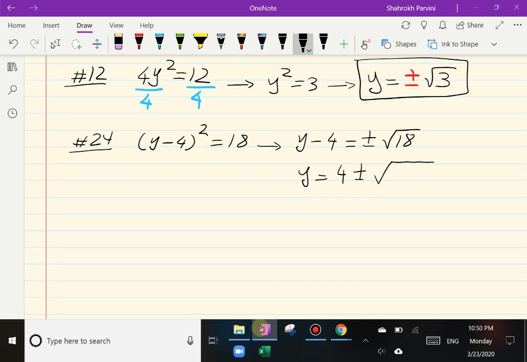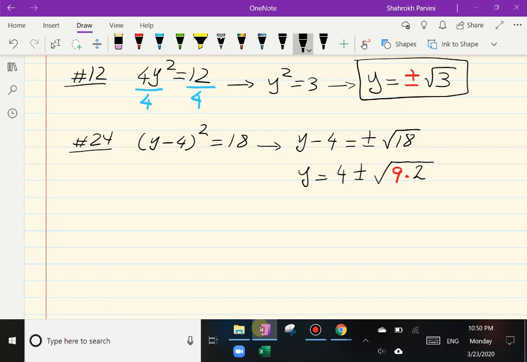And also square root of 18, we need to simplify like we did in chapter 10. So for 18, I'm going to think about two numbers whose product is 18. The right numbers are 9 and 2, right? 9 by 2. You can also think about 3 by 6, but 3 and 6, neither are perfect squares.